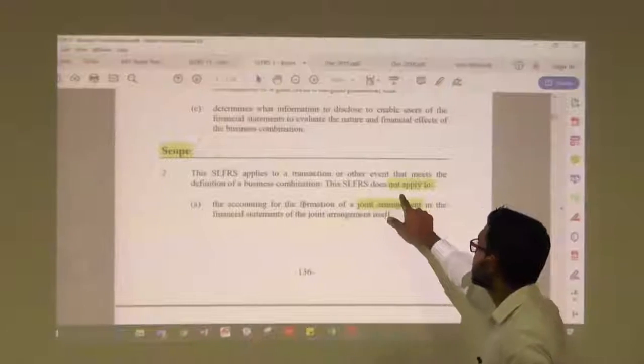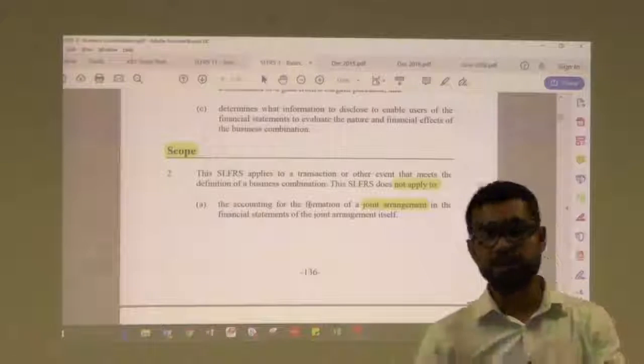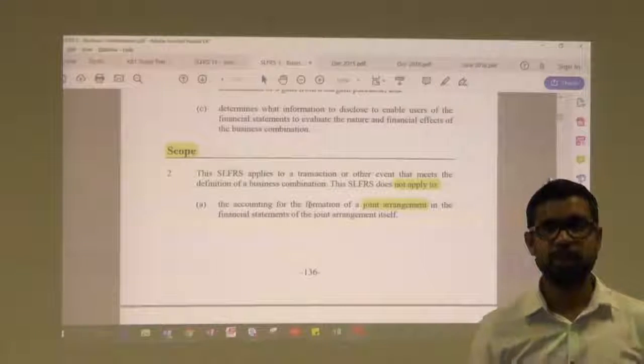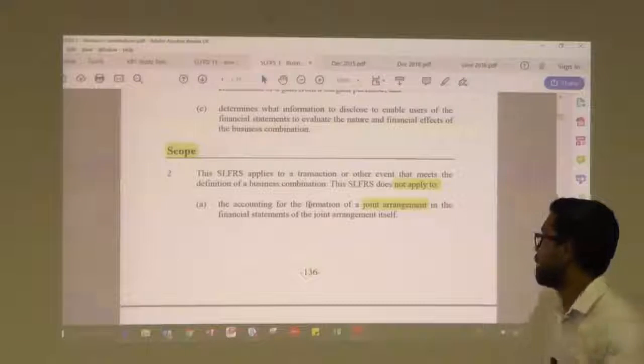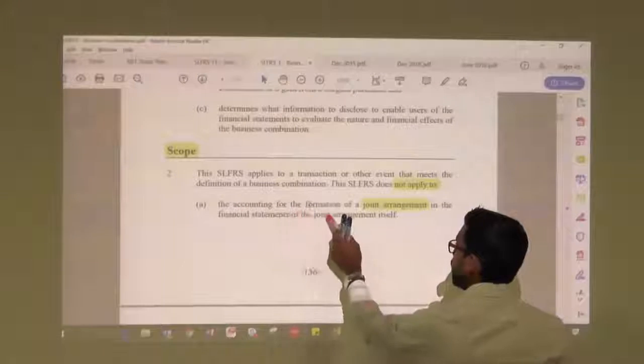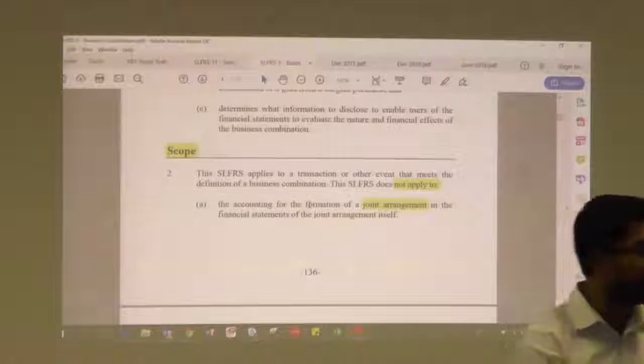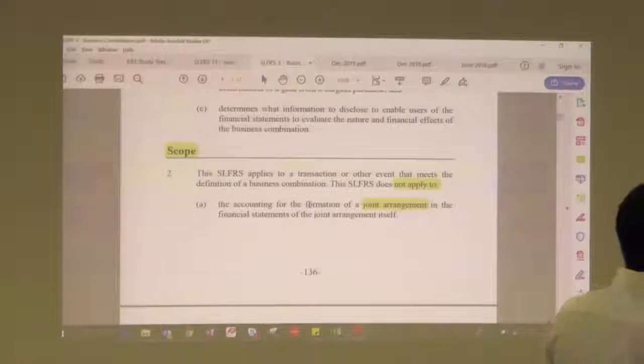This SLFRS does not apply. Scope always explains what does not apply, right? What is uncovered from the standard? The accounting for formation of joint arrangement. So SLFRS 11 is out of the scope. Already we have gone through it. We have completed it, right? Fine. It is not applicable for this.